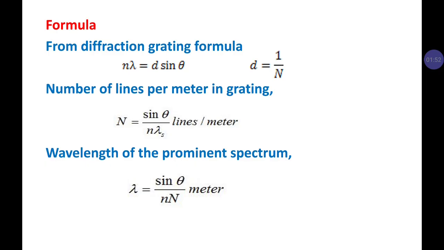The formula used to calculate the wavelength of a prominent spectral line is lambda equal to sine theta divided by small n into capital N, and the unit is meter, where theta is the diffracting angle which we will be measuring from the spectrometer, and small n stands for the order of spectrum, where here we are going to focus only on the first order spectrum.